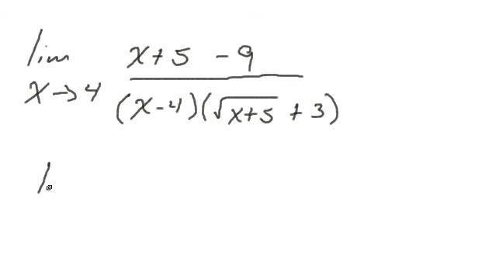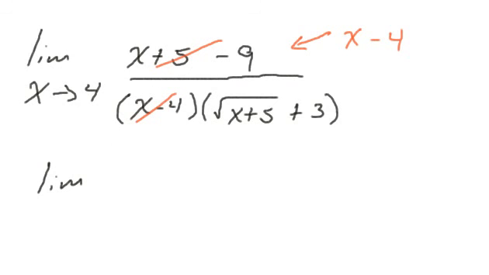So we need to simplify things down here. What we've got in the numerator, when we simplify this down, is x minus 4. Now you notice we have an x minus 4 in the denominator also, so this is going to cancel out.